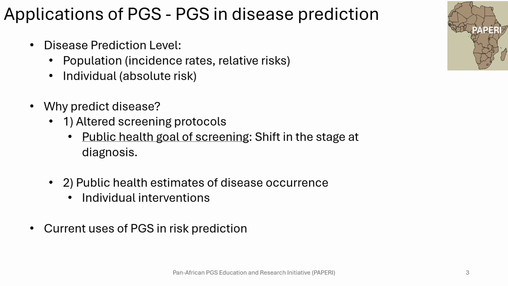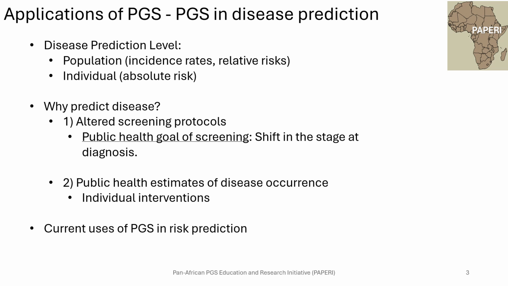To start off, we're going to discuss polygenic risk scores in disease prediction. And there's quite a few things to think about when you want to apply a polygenic risk score to predict disease. The first thing is, at what level do you want to predict disease? Do you want to predict disease in a population?